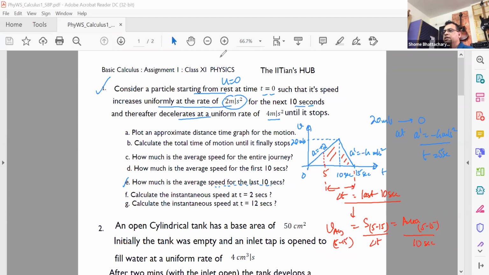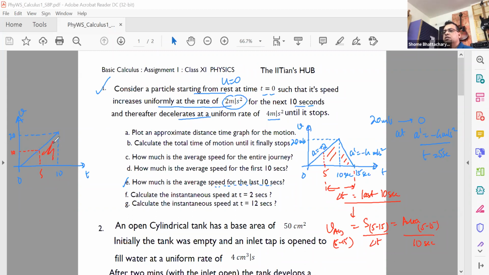Now let's calculate the area. First let's look at this part of the graph, the one going from 0 to 10 seconds. What is happening from 5 to 10 seconds? At 10 seconds, the velocity has become 20 meters per second. So obviously at half time of 5 seconds, the velocity would have been 10 meters per second.